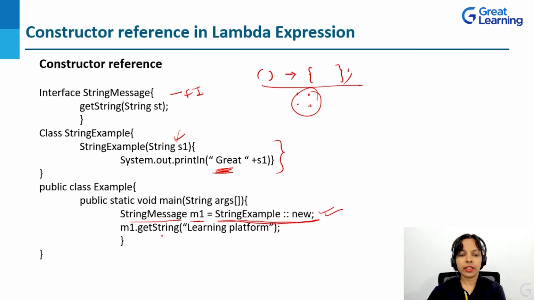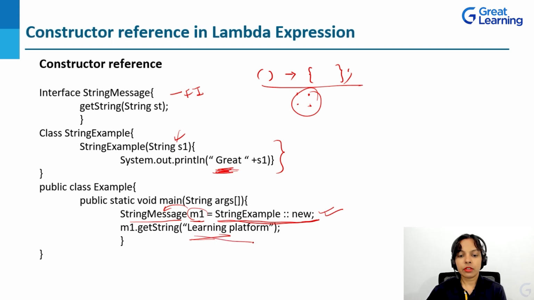And then m1.getString will be called. So the getString method of this interface will be called using the object of the interface type, and the string passed is learning platform. So what will happen? This learning platform will be passed to the method getString, right? And as this getString is being referred by this Lambda expression, because it is a functional interface, this Lambda expression is also referring to this constructor, which already has the keyword great.